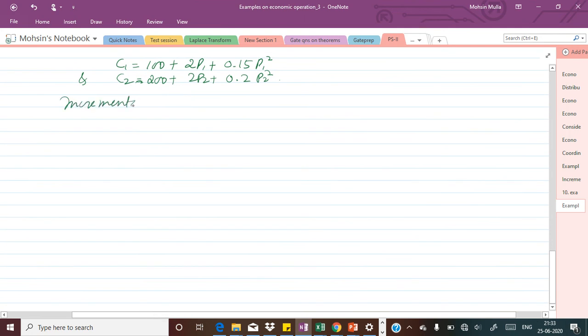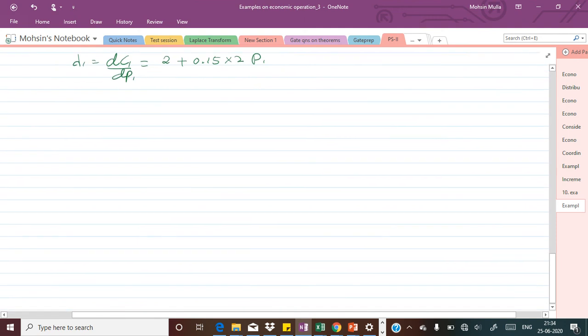So incremental fuel cost of plant 1, first of unit 1, is obtained as lambda 1 equal to dC1 by dP1. So differentiating the equation of C1, we get 2 plus 0.15 into 2 P1.